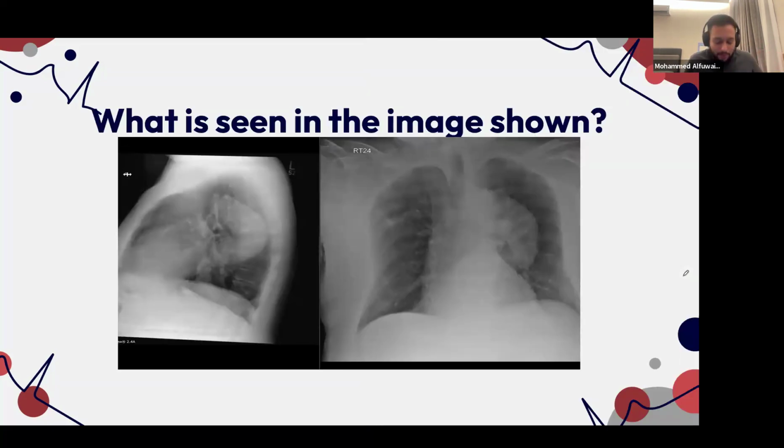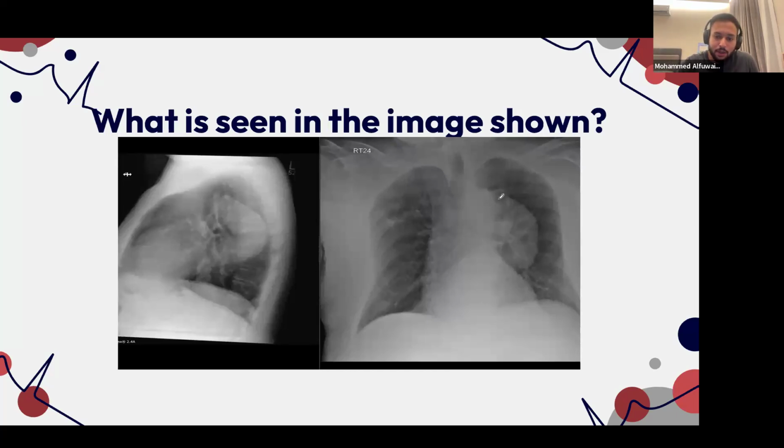Another sign is something that you can see. What is this disease? Number one, as we just mentioned, it's aortic dissection. What can we call this sign? Perfect. Widened mediastinum.